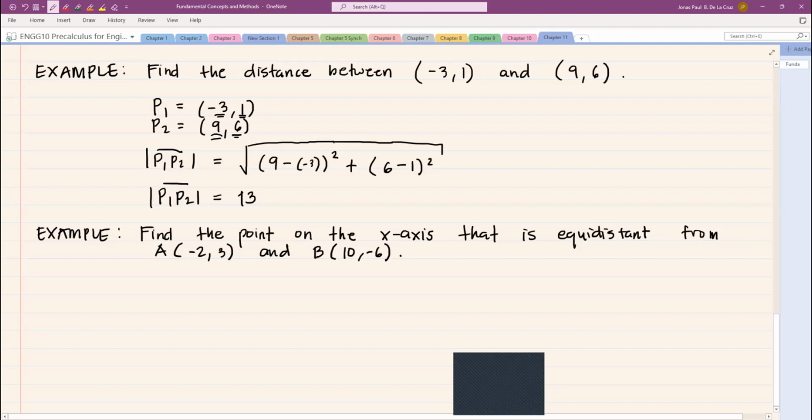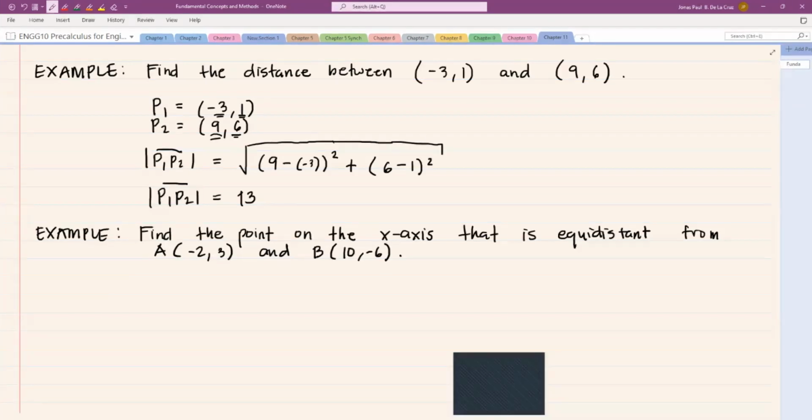Yan. So, tinatanong dito, ano daw yung point doon sa x-axis na pareho yung distance. Equidistant, ibig sabihin ng equidistant, equal yung kanyang distance, di ba? Equal ang distance niya from point A at point B. Okay?